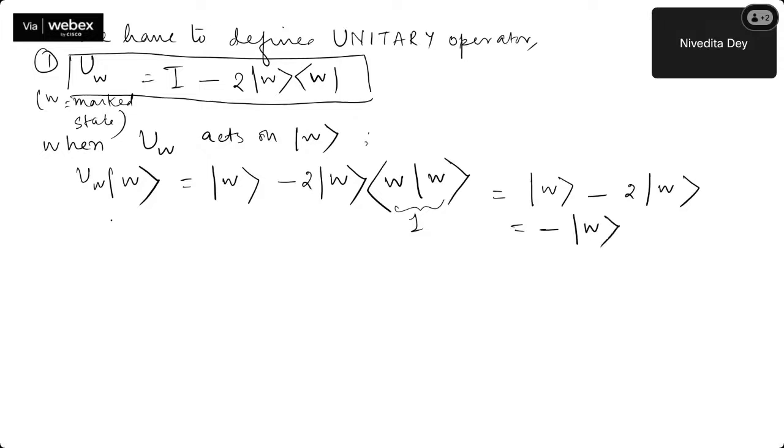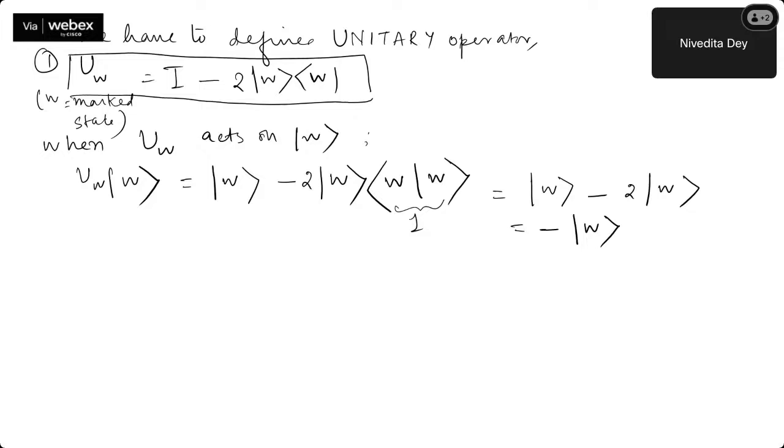So see, over here, I will explain the physical and geometric meaning of the equation. Why I am framing it in this way is because in a superposed state, I have to find out a certain kind of generic form. In a superposed state, I want that if I get the mark state, I should have an operator that, based on the logic, when applied on the mark state, makes it a phase inverted one, which is minus ket W, as you can see.